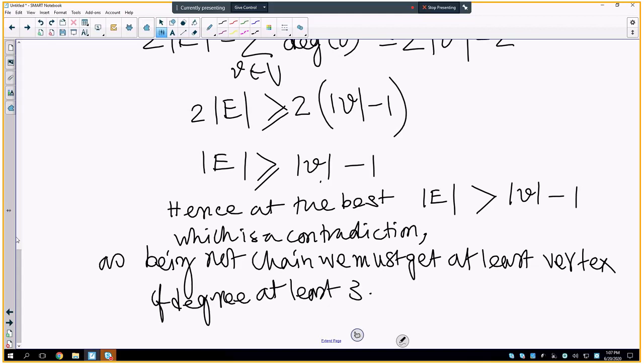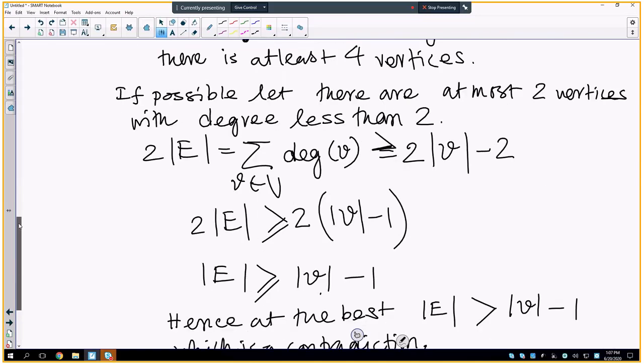What does that change in our proof? So if I go back and see the exact same proof that we have done in part A, we assume each vertex has at least a degree of 2. But I know for a fact one of them has a degree more than 2. So when I did all this work, I could have added 1. Or if I did not add this 1, then you could have said that, well, this is strictly greater than 2 times the number of vertices minus 2.